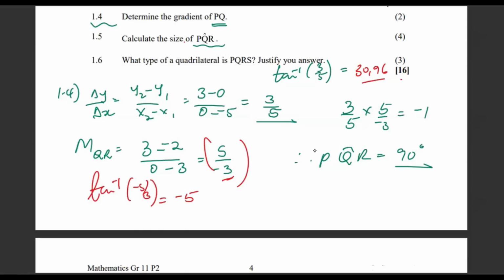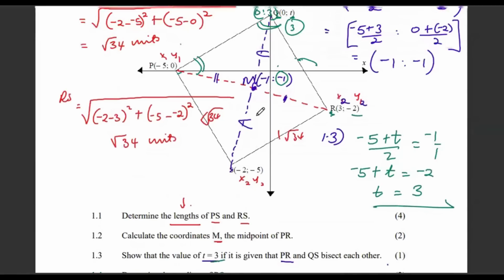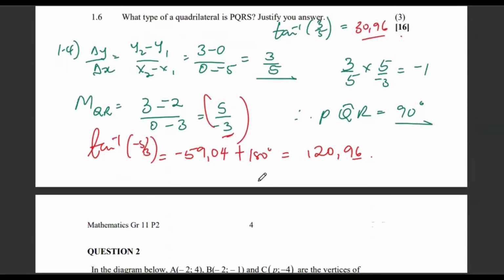I'm getting a negative 59.04. And then I have to plus 180 so that I can get the positive angle, which is 120.96. If that is true, meaning that this is the 120.96, we say this is the 30.96, and then these two should be equivalent to this exterior angle. We subtract, very 90.